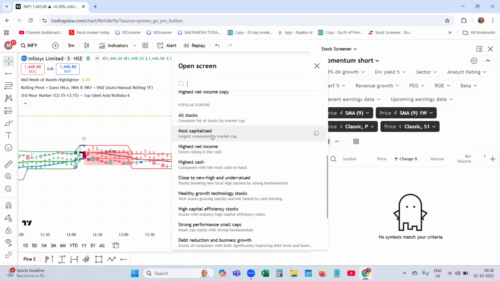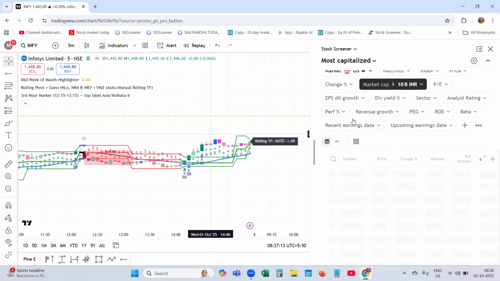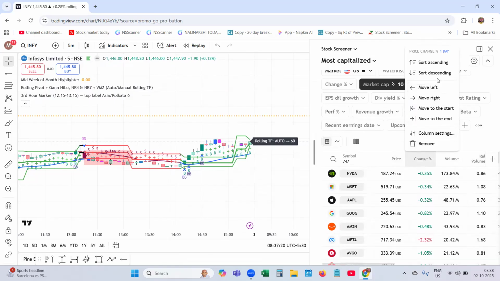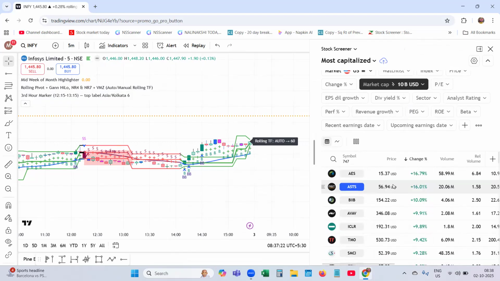I'm clicking on the most capitalized stocks. Automatically US stocks will come, and let me sort descending so the stocks which are in momentum will come, and you can pick up.